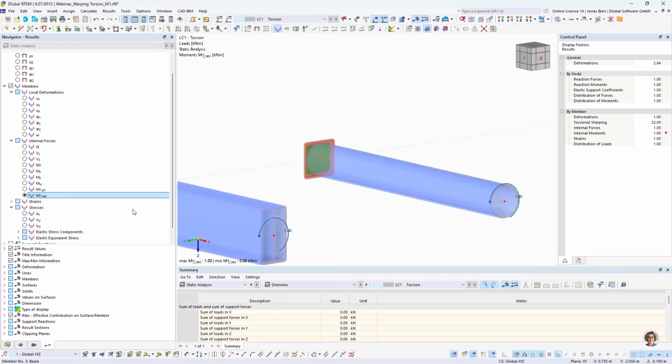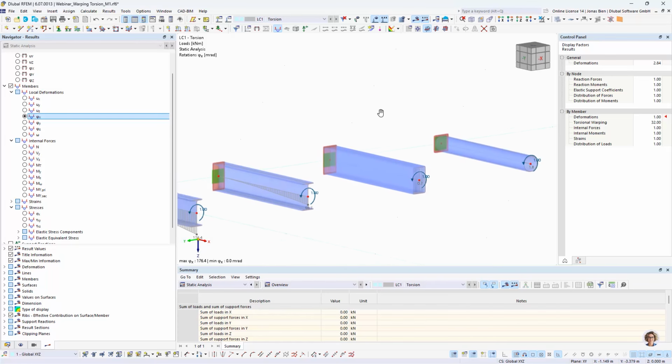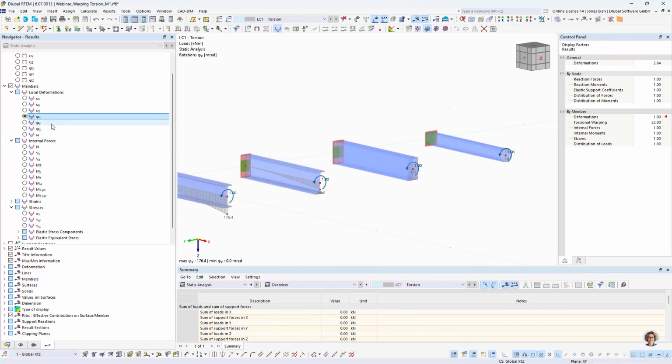Here we actually don't see any secondary torsional moment, and of course, as a consequence of that, no warping moment and no axial stresses from this warping restraint, because this section actually doesn't warp at all. We can see that here also when we check the local deformations in the warping degree of freedom, and we can also compare the local deformations and see our sections with minor warping or no warping.